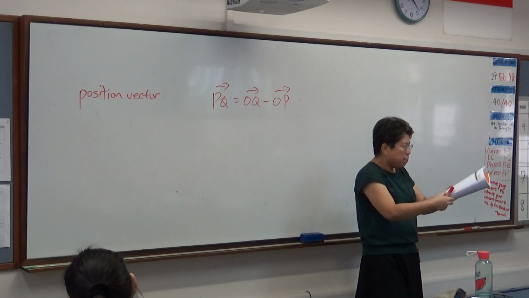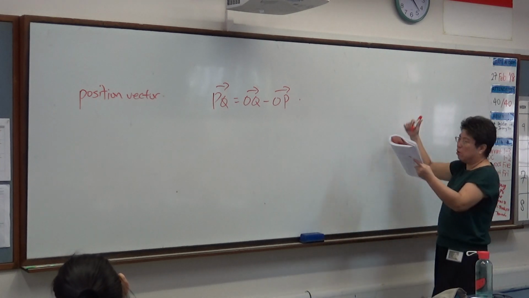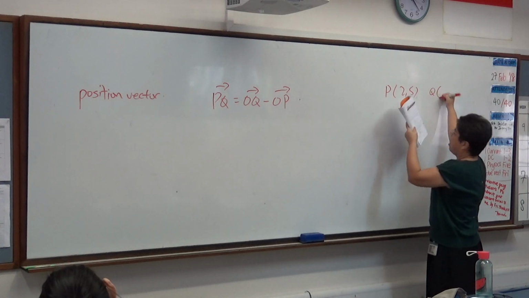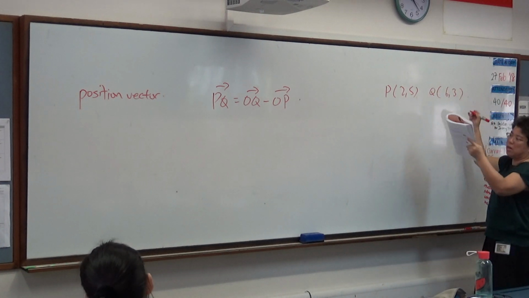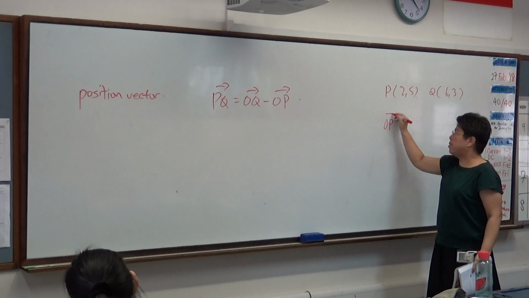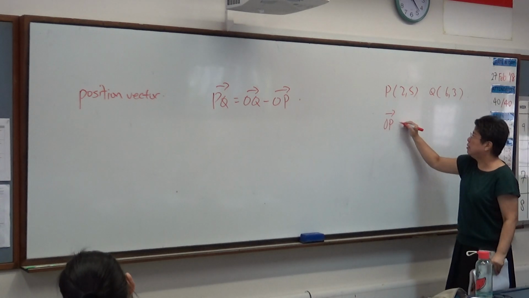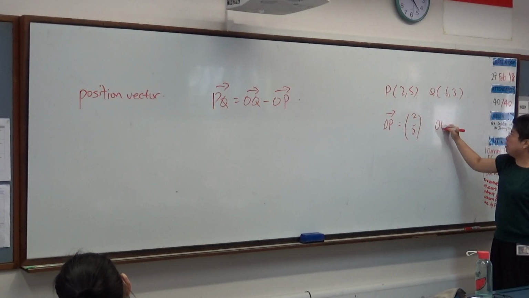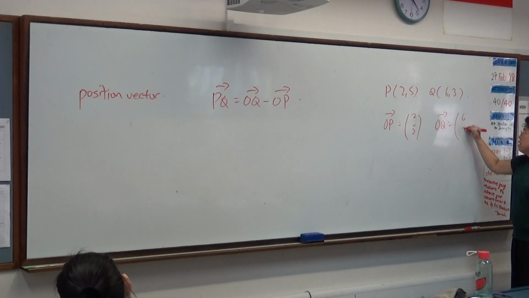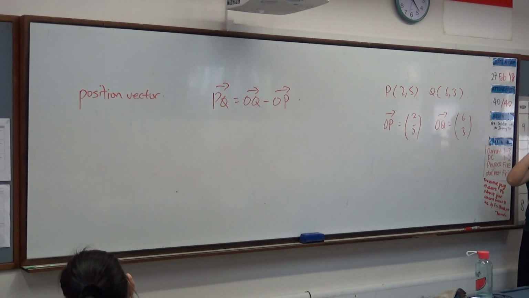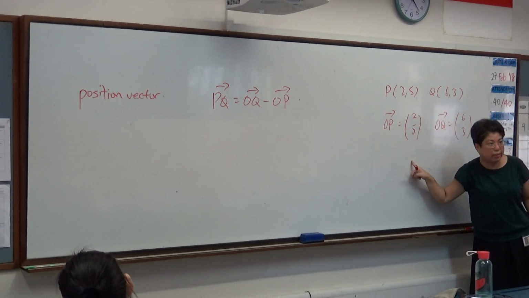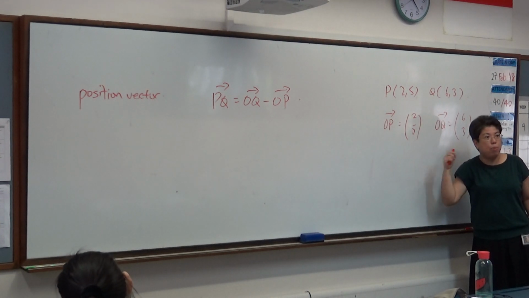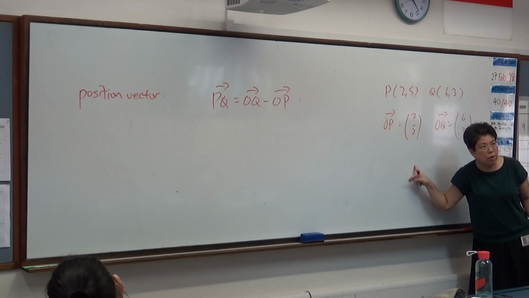If P has coordinates (2, 5) and Q has coordinates (6, 3), then the position vector OP is (2, 5). The position vector OQ is what? (6, 3). That means you can convert coordinates to position vector if you are taking (0, 0) as the point of reference. Understand? That's why it's position.